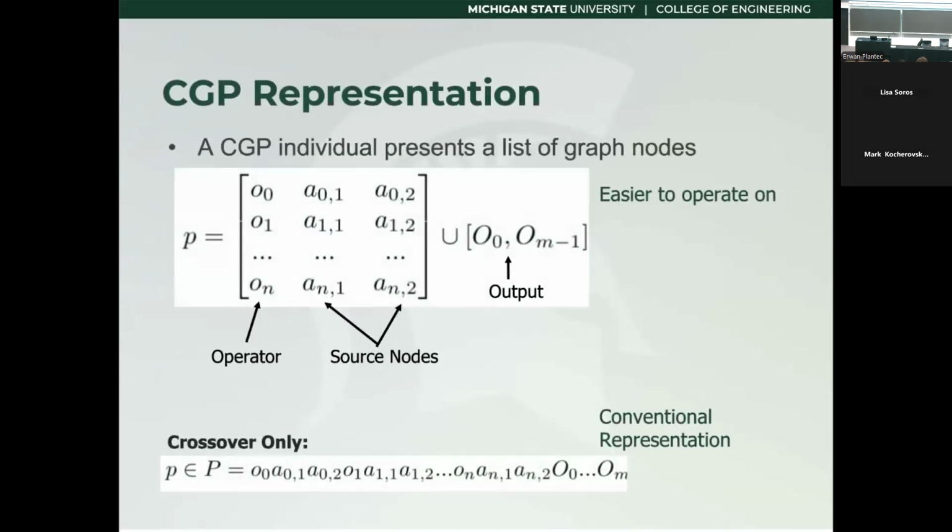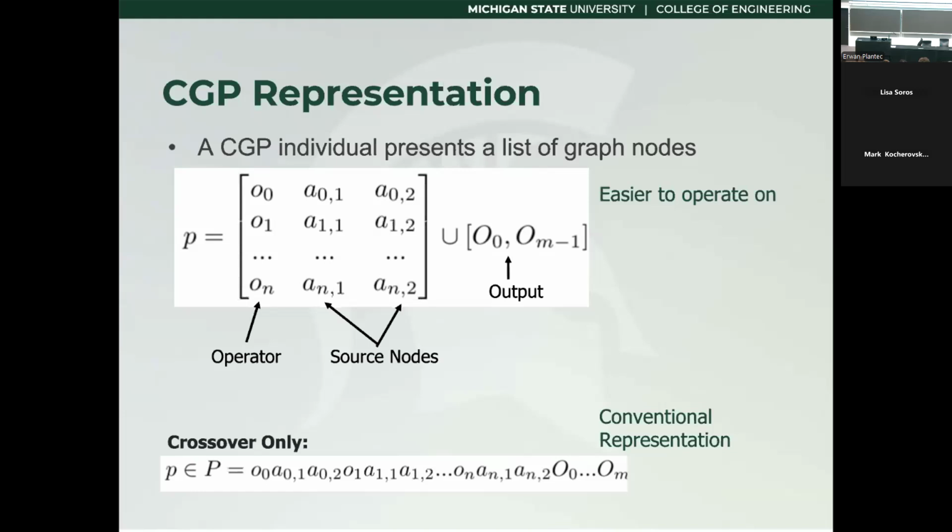In Cartesian genetic programming, an individual is typically, traditionally, a one-dimensional vector. Each node is however many components, but we only do this for the crossover function. Typically, for everything else, we keep the CGP individual also a two-dimensional matrix. Each row is a node. Each node has a binary operator and then 2 source nodes.